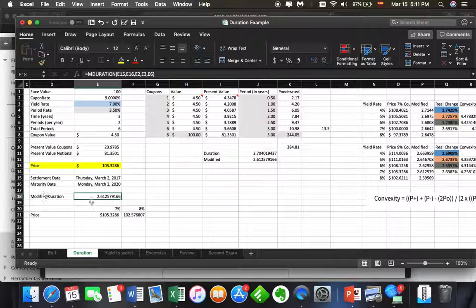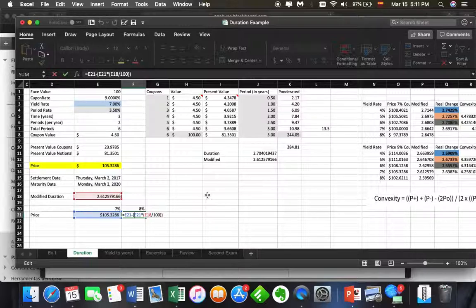So why is this important? Now we have a modified duration of 2.6125 over a 3-year bond. If we get the regular price, 105.3286, what we're saying is, for every 1% increase or decrease in the yield rate, I should have a change in price. How much would that change be? It's related to this modified duration.